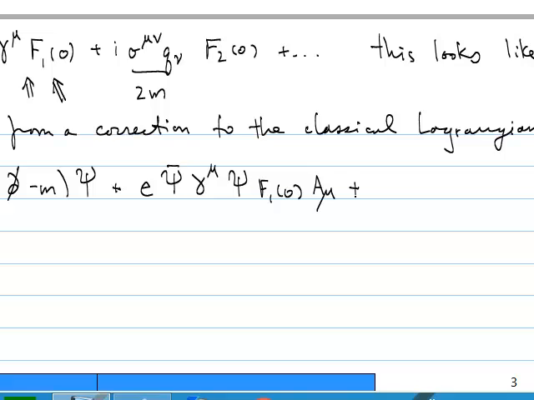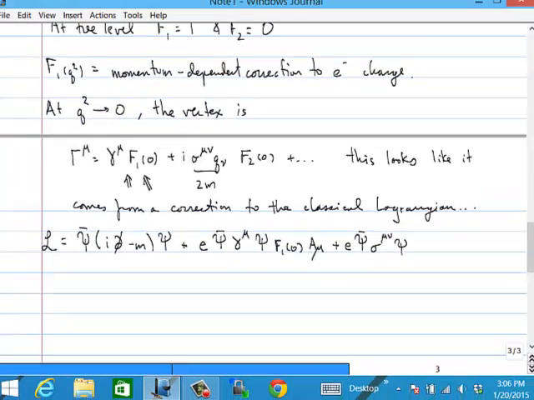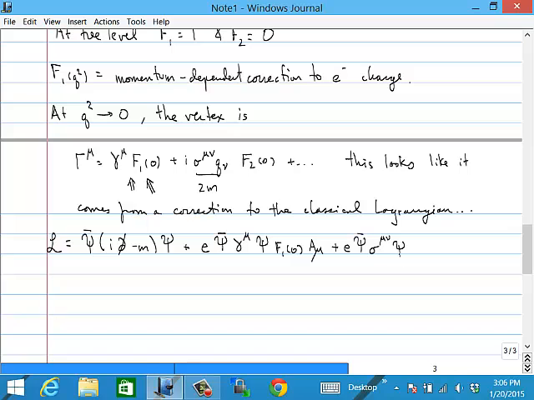So if you were to try and interpret that second term as coming from a term in the Lagrangian, what would it be? Well, you would have e times psi bar sigma mu nu psi, and then you would have f2 of 0 over 2m.